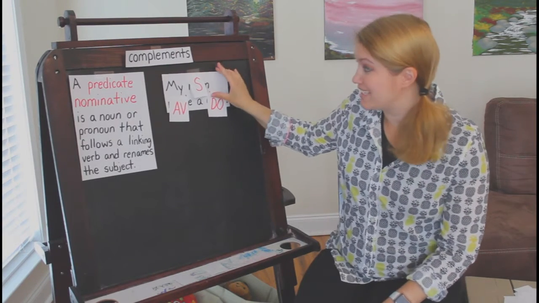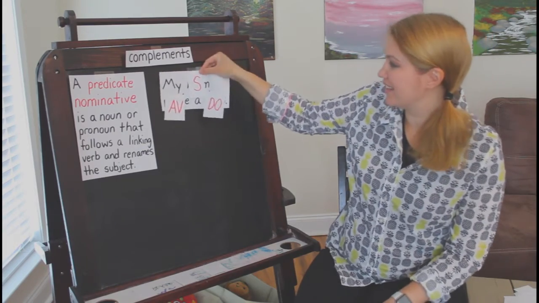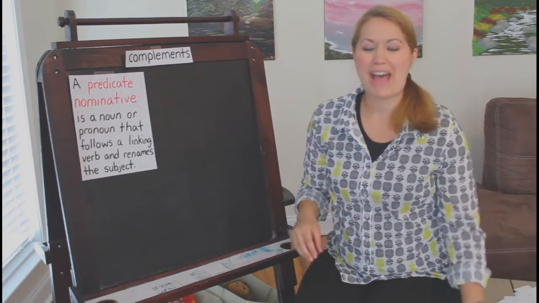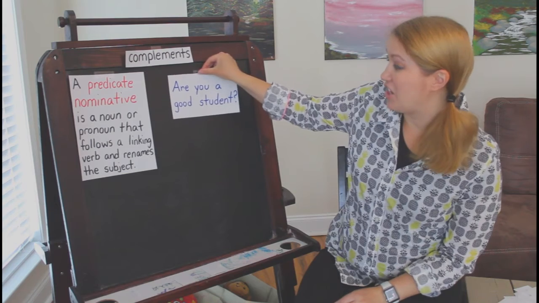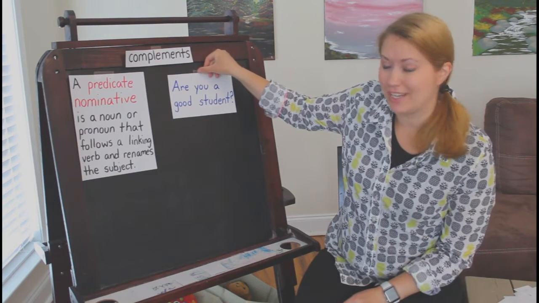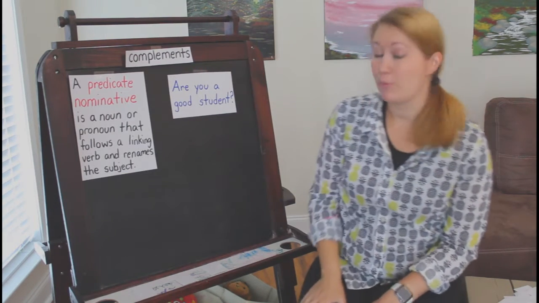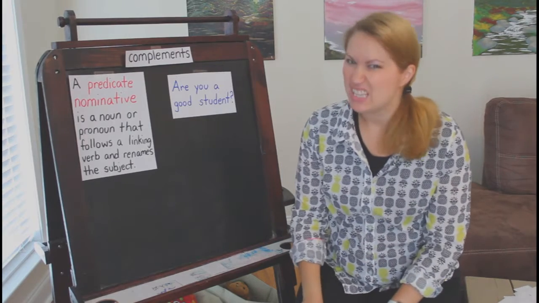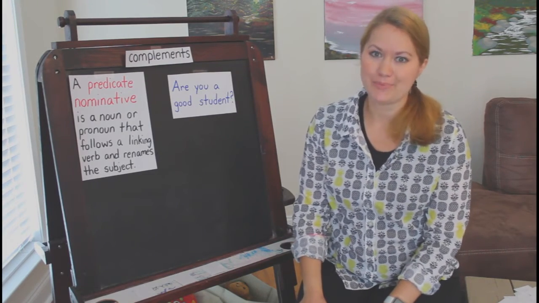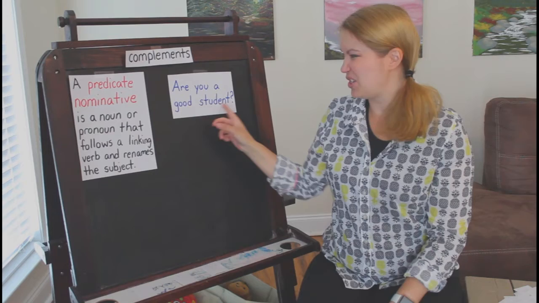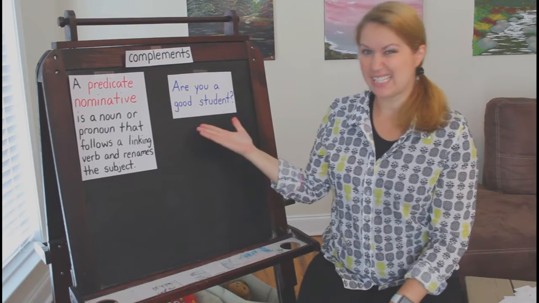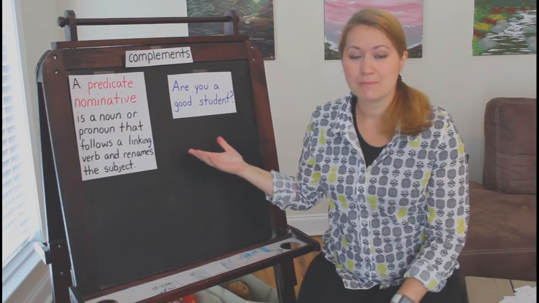Let's try one more sentence. What about, are you a good student? Well, hopefully you are, but this sentence is a little bit tricky. Are you a good student? Well, in this case, what is our verb?